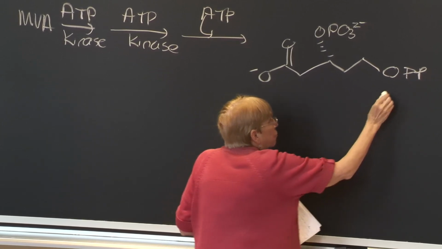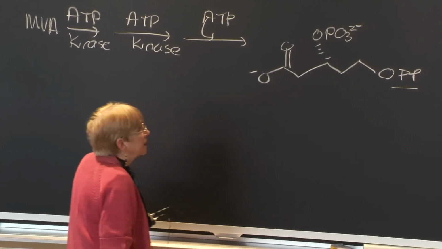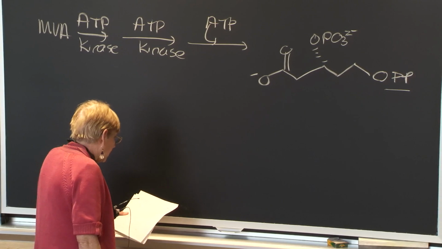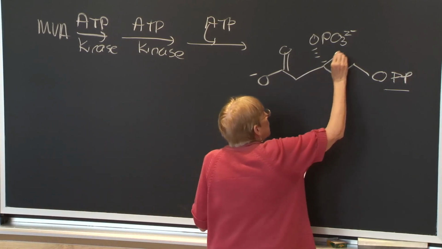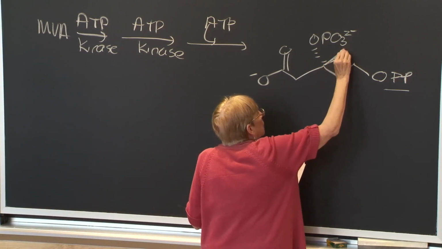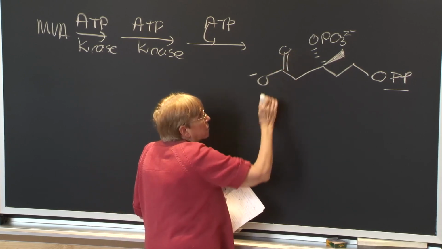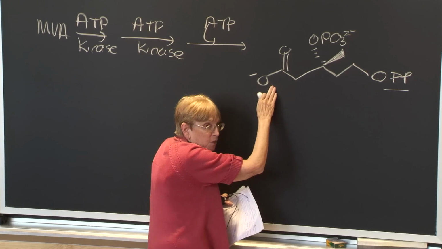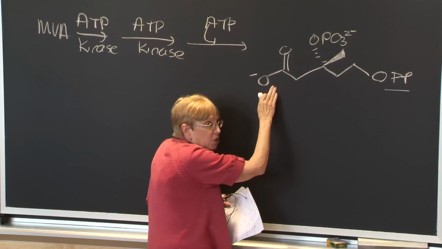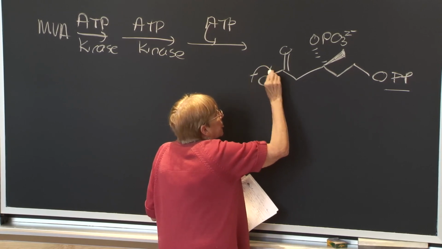Okay, and we've got the 2 phosphates on there by the first 2 kinases. And so now what we want to do, I forgot a methyl group here. Okay, and so now what we've done by phosphorylating this is we've activated this for a decarboxylative elimination reaction.